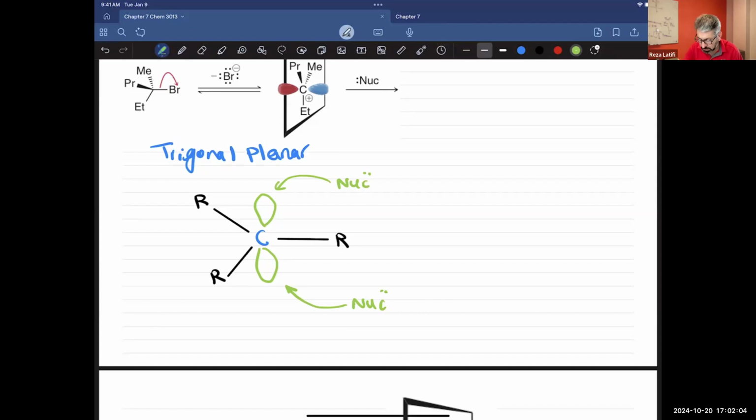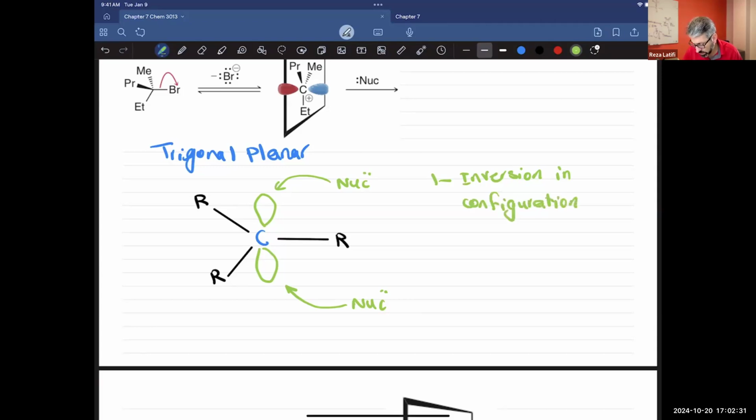So we will have two possibilities. The first possibility is inversion in configuration.